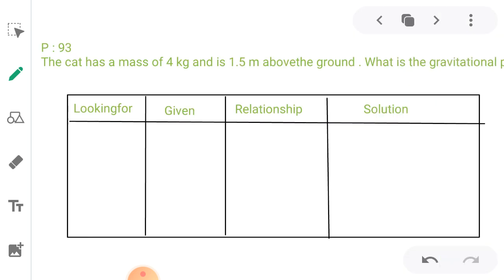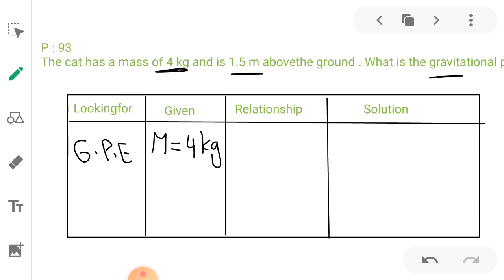So let's take a problem here. Practice question in your book, page 93. The cat has a mass of 4 kilograms and is 1.5 meters above the ground. This is the height, of course. What is the gravitational potential energy? So we're looking for gravitational potential energy. Given 4 kilograms, this is the mass, m equals 4 kilograms.